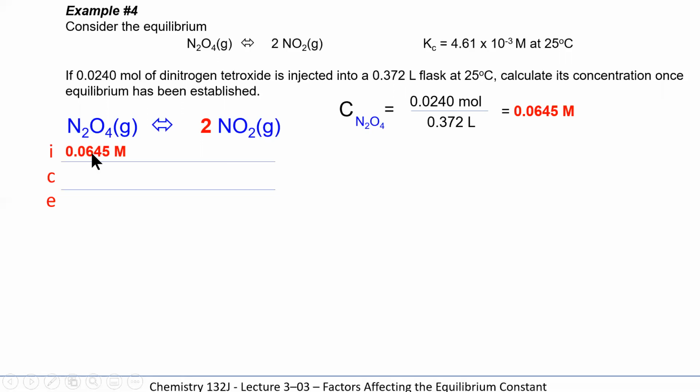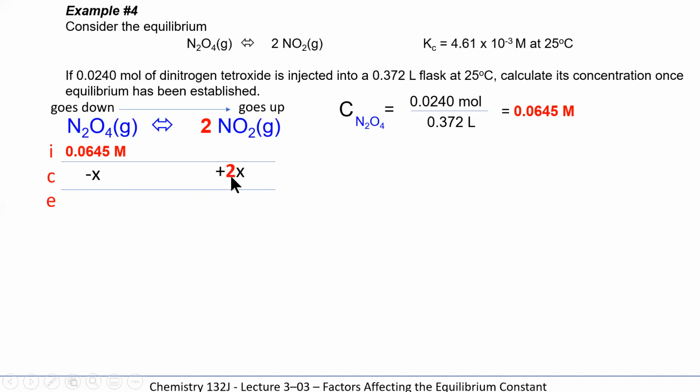is given to us. Now we know that the system will not be at equilibrium at that point. We know that some of the N2O4 is going to get used up to make NO2. The amount of N2O4 consumed and the amount of NO2 produced will not be 1-to-1. It'll be 2-to-1. So N2O4 is going to go down as it's used up to make the NO2.